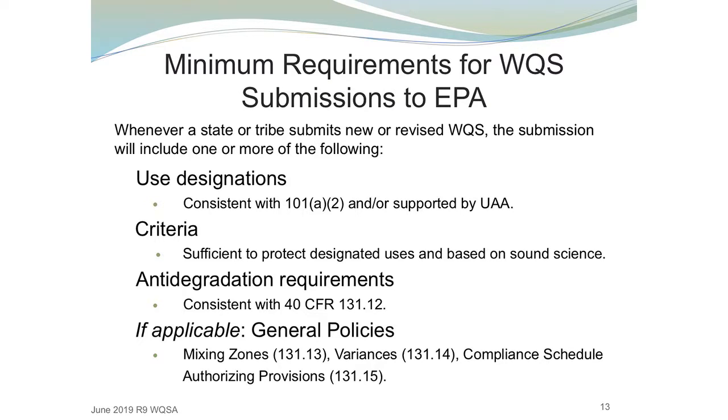So when you submit water quality standards to review by EPA, you need to make sure that it includes one or more of the following: uses consistent with the Act, uses for 101(a)(2) and or a UAA if you're doing that, criteria that's sufficient to protect those uses, anti-degradation procedures that are consistent with your anti-degradation policy, and if applicable, general policies, which include mixing zones, variances, compliance schedules, and authorizing provisions.